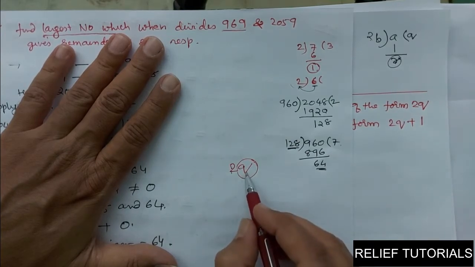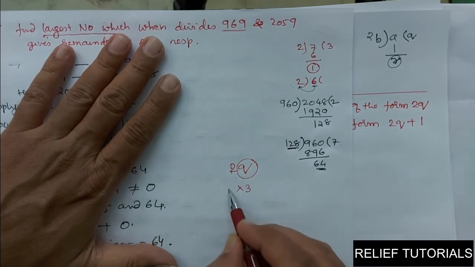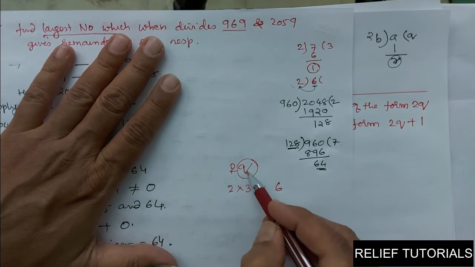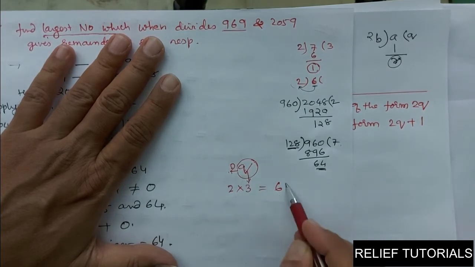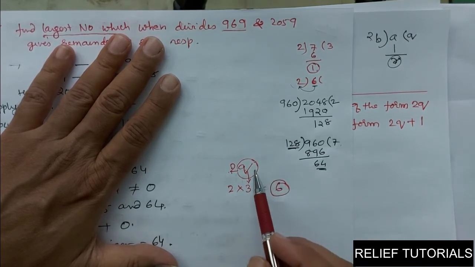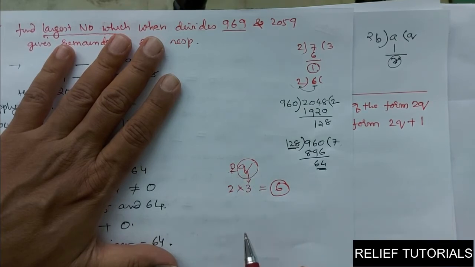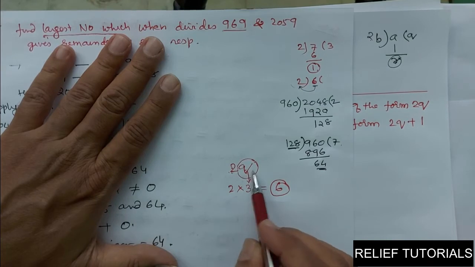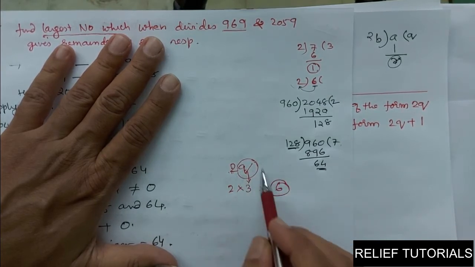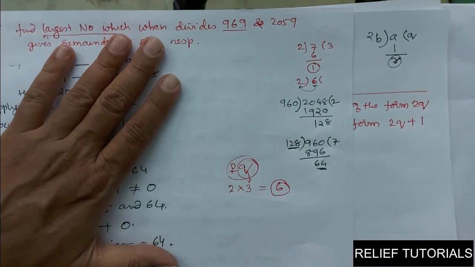For example, q equals 3, you multiply by 2, 2 into 3, 6. So even if q is an odd number, 2q will always be even. 2 ones are 2, 2 twos are 4, 2 threes are 6, 2 fours are 8, 2 fives are 10. So 2q is always an even number.